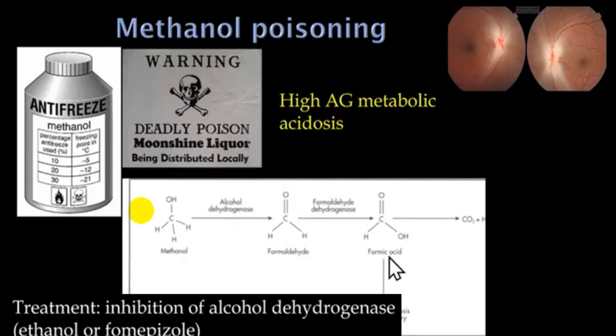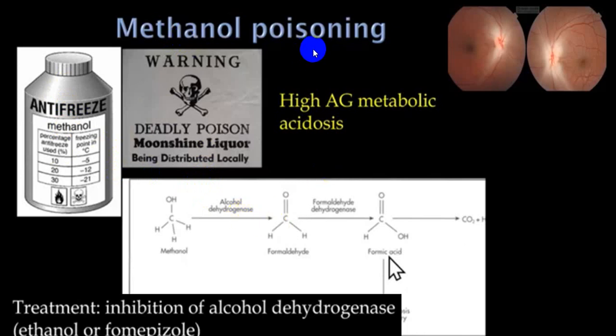You can also come across methanol poisoning because of antifreeze. There is a compound containing a good quantity of methanol, and moonshine liquor also has a large quantity of methanol.